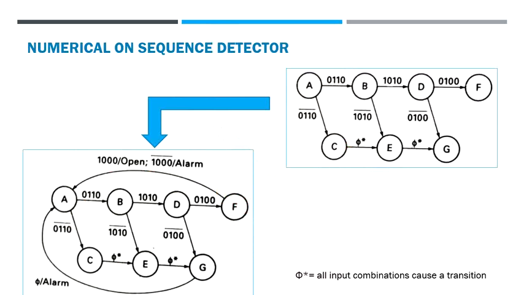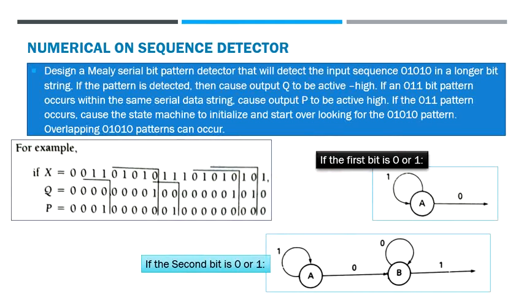So if you can see, from F you had a correct combination, you moved to A, but with an incorrect combination you will also move to A, but you will have an alarm that will sound, which will indicate that an incorrect combination was tried. So let us move into the next numerical.